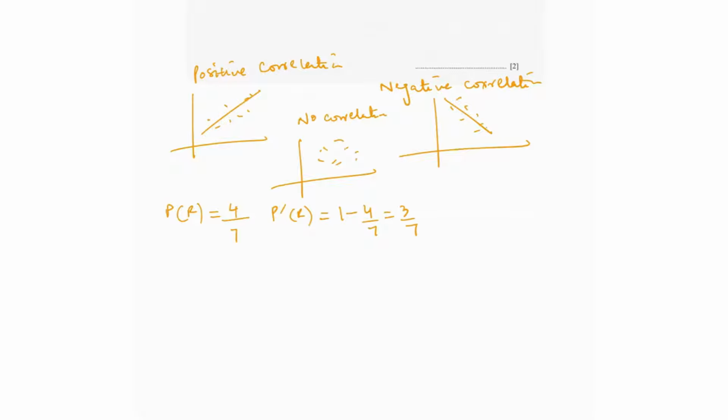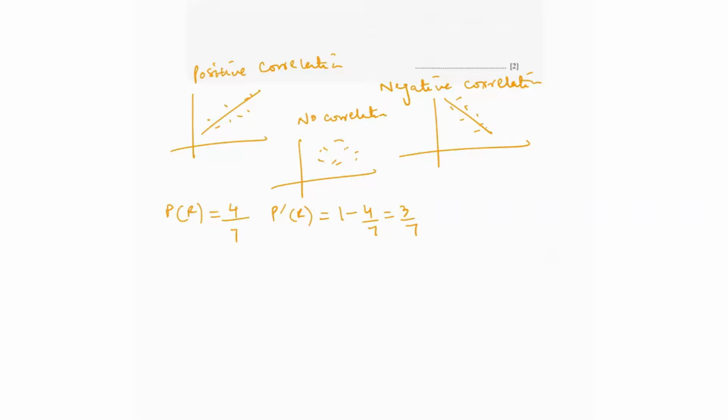If you have the probability of something happening, to find the probability of that thing not happening, you just subtract the probability from 1, whether it's a fraction or a decimal. If it's in terms of percentages, then you subtract it from 100. But if it's a fraction or decimal, you will always subtract it from 1 to find the probability of that event not happening.